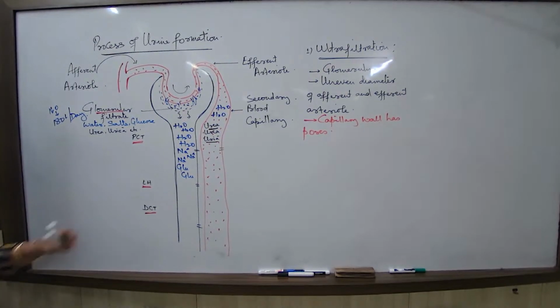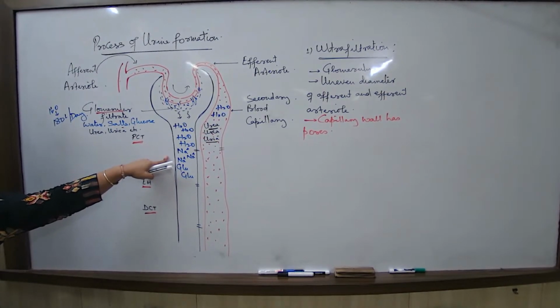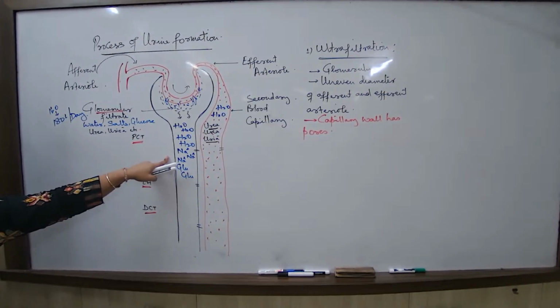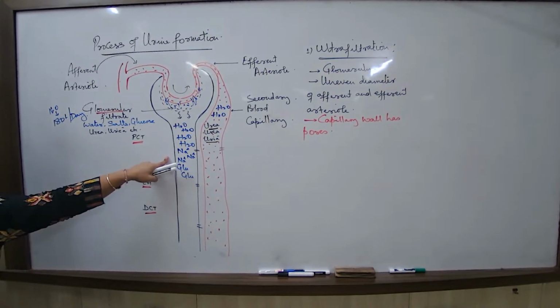Now, we are understanding that this 180 liters of filtrate, can our body afford to lose away this much of the liquid? No. If that is so, then every time the body is releasing out the waste substances, the urine, we would suffer from massive dehydration.